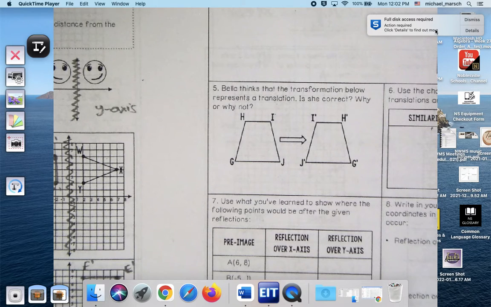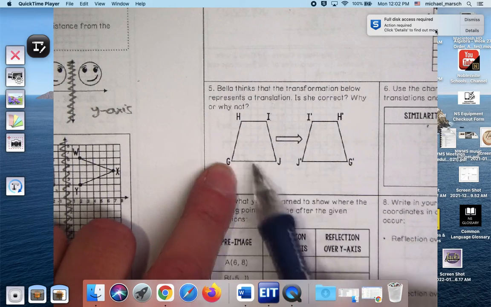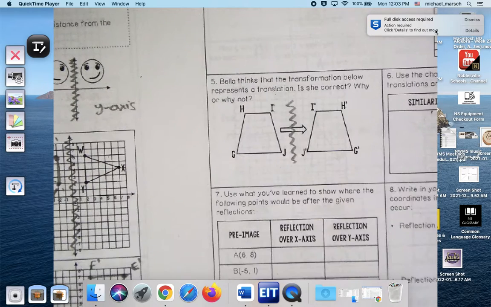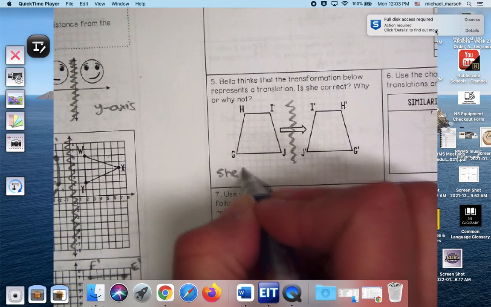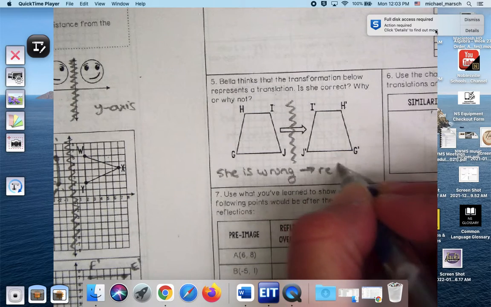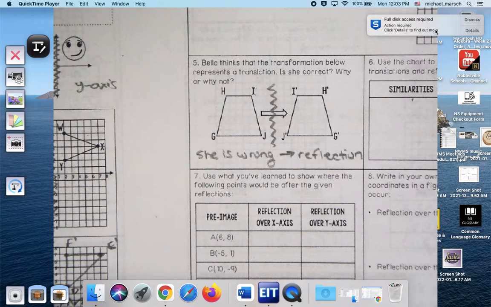Because it's a mirror of itself, right? It's not in the same place. H is not here. I is not here. So you can see that this would be your line of reflection. Bella needs to go back and check her notes. That's what Bella needs to do.